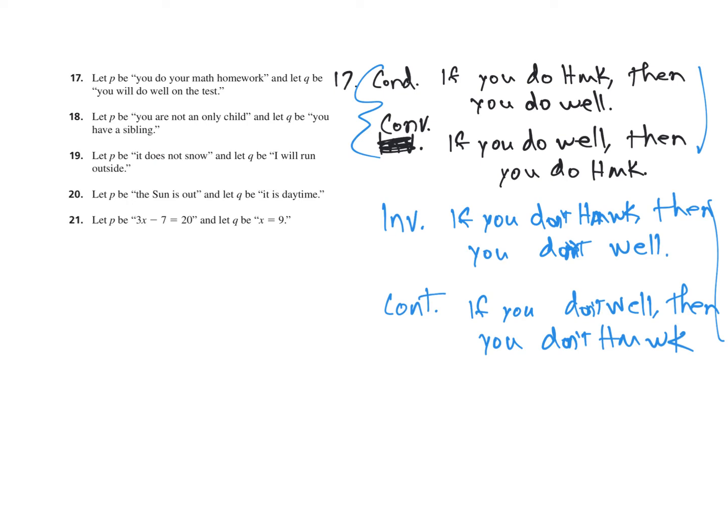All right, let's do number 19. We'll write the whole thing here. If it does not snow. Now, be careful of the negative there. If it does not snow, then I will run outside.